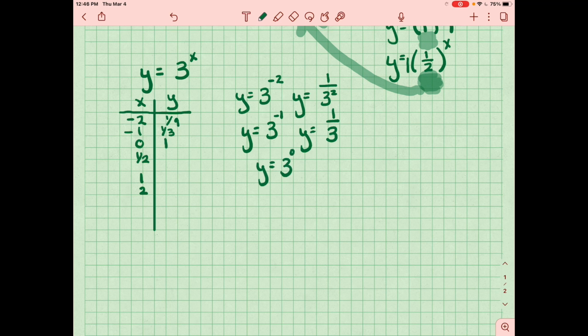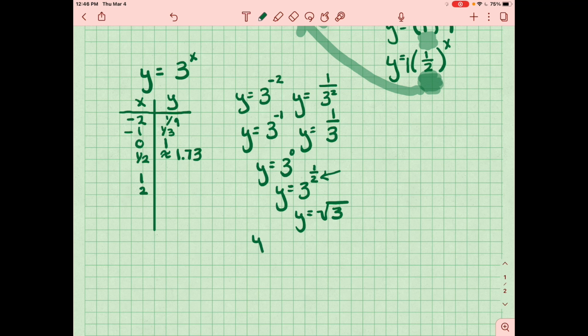Anything to the 0 power is 1. Y equals 3 to the 1/2. Remember, that's going to be a square root. The square root of 3 is actually not a very nice number. It's approximately 1.73, but the number goes on forever like that.